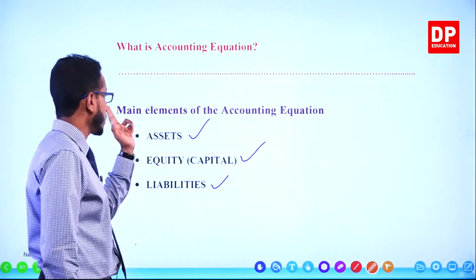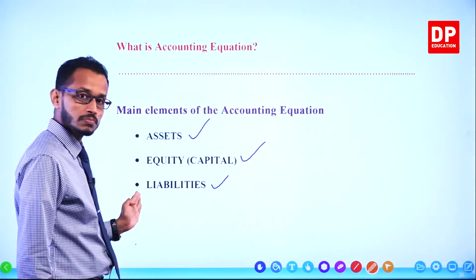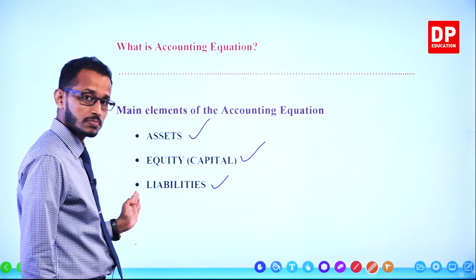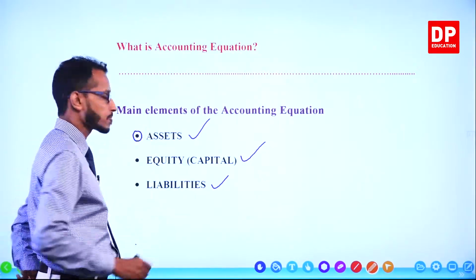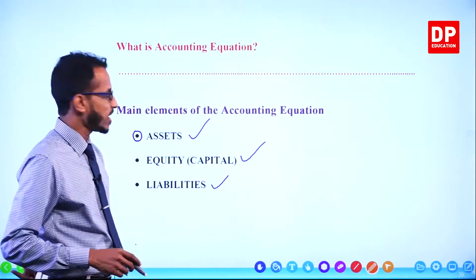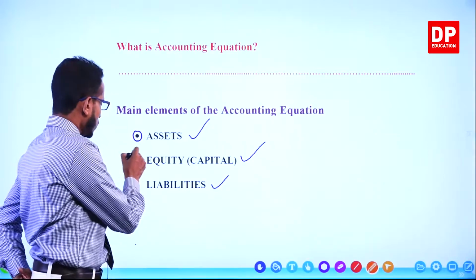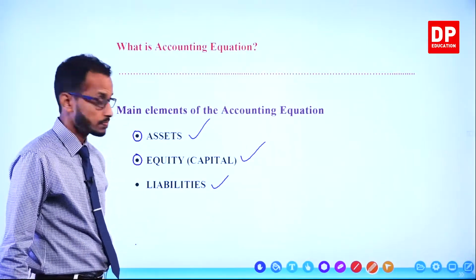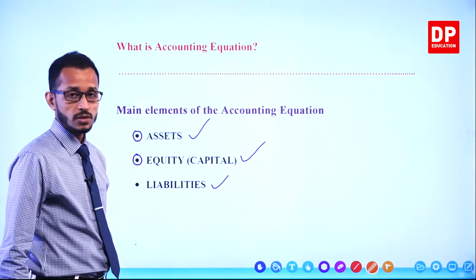On this screen it says the main elements of the accounting equation are these three. First, we have assets. Secondly, we have equity. And third, we have liabilities.